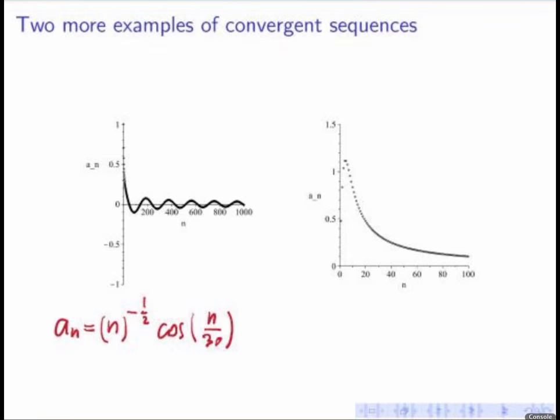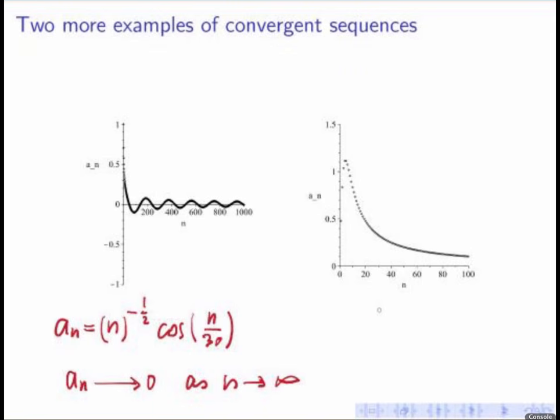So this does converge to 0. So I can just write maybe a_n converges to 0 as n goes to infinity. Now this example is a little bit too complicated for the stage we are at now, so I cannot really prove that this goes to 0, but I show you anyways.